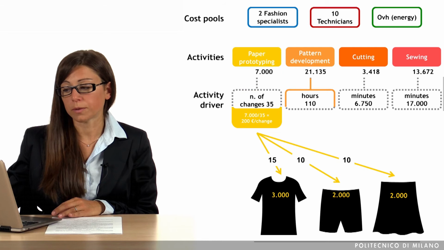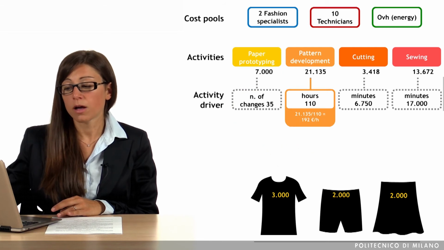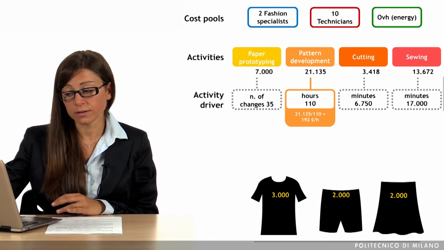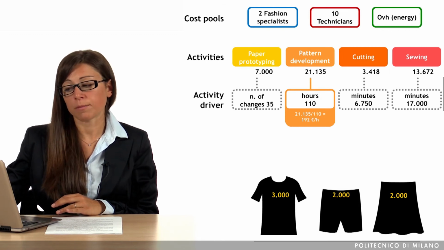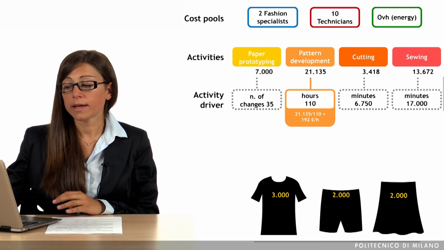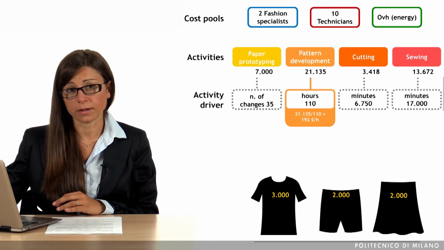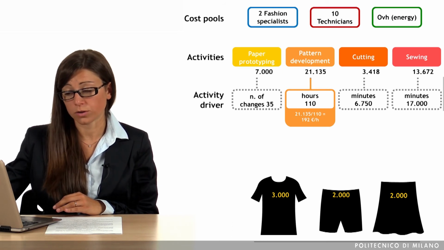So what we will do for the pattern development is exactly the same. We will calculate K as the ratio between the total cost of the pattern development and the total number of hours, 110. We can obtain a value of 192 euros per hour. This is a rounded value, so you might have different values depending on the number of decimals that you decide to include.